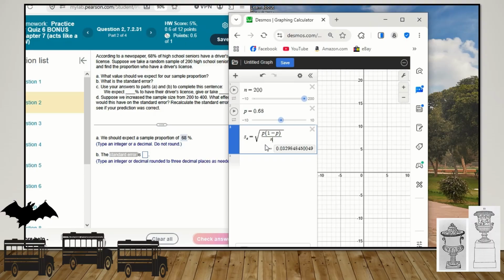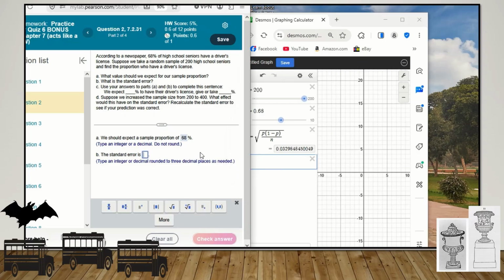This will come in handy as we start getting into more complicated ones, where we have to verify the conditions of the central limit theorem and also calculate a 95 or 90% confidence interval. That's why this is going to come in handy, and we're just getting started. So the standard error, notice it doesn't have the percentage.